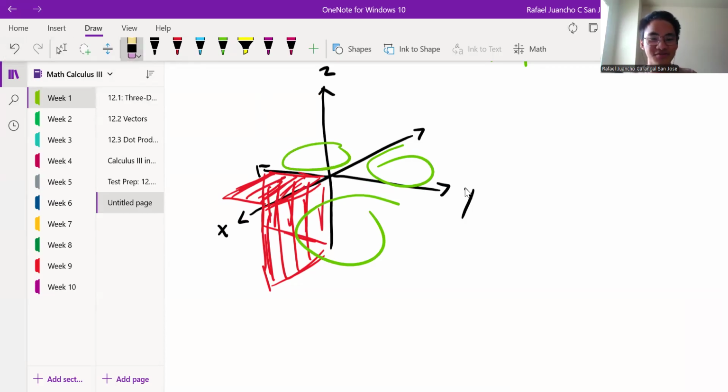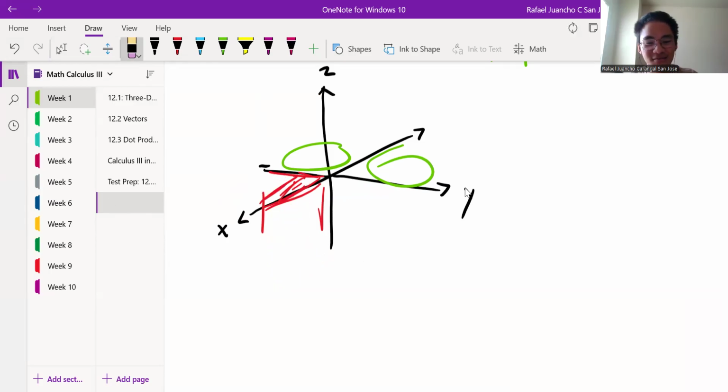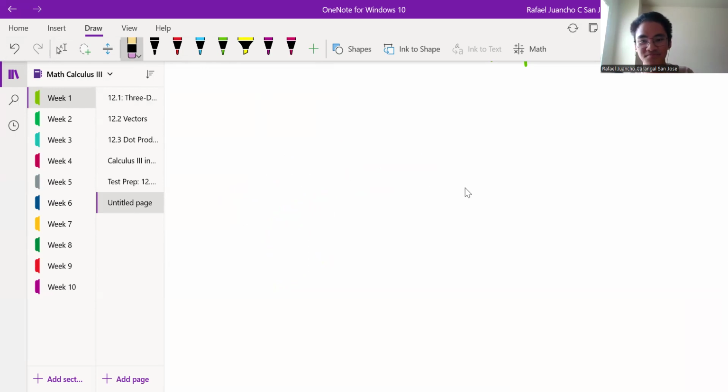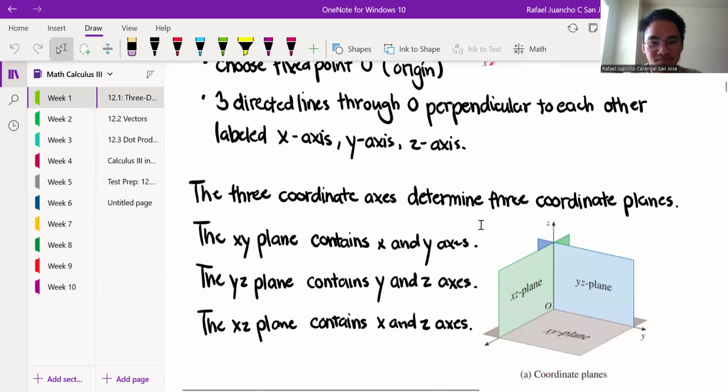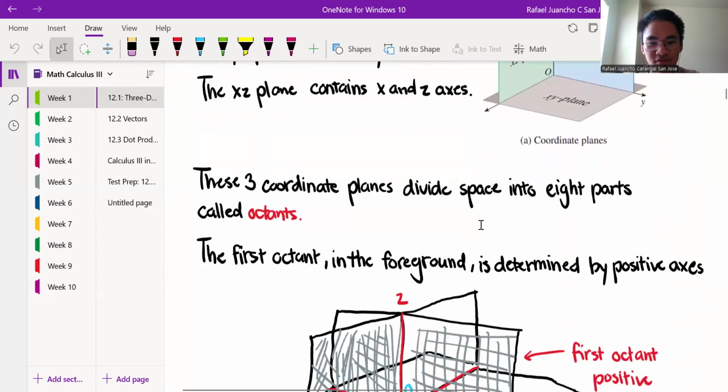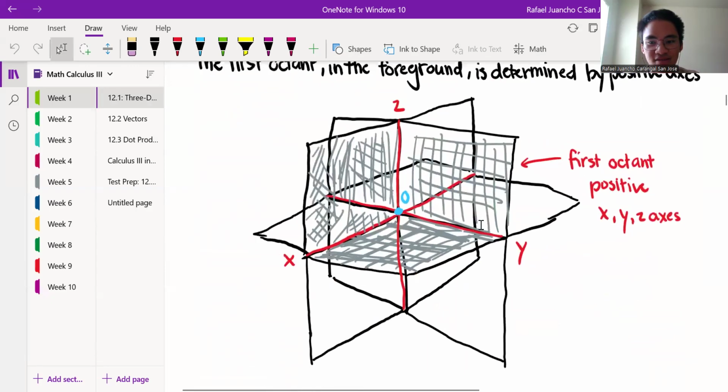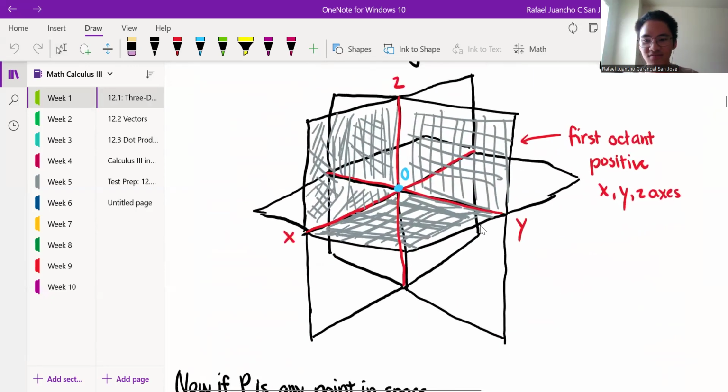So all in all, 4 plus 4 is 8. So that's where those octants are from. But yeah, those are the octants, right? And then, so we covered that. Yeah, first octant is positive because the x part, the y part, and the z part here, they're all positive.